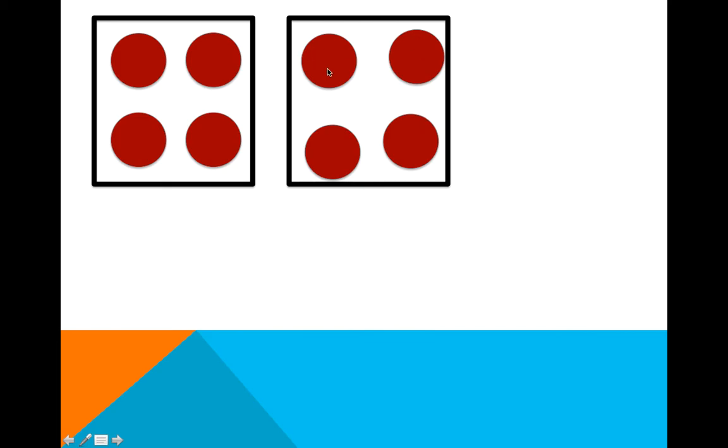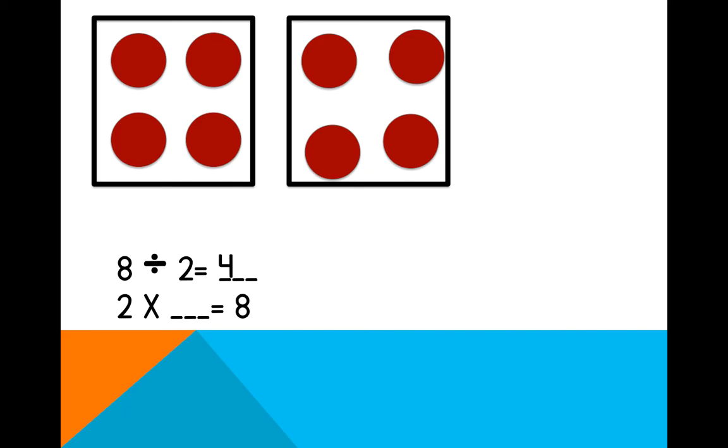So what can I say about that? Well, the problem wants us to take the 8 plums and divide them into 2 groups, into 2 bags. If I have 2 bags, how many plums will I need in each to make 8 altogether, right? 2 groups of how many plums will give me 8 plums?